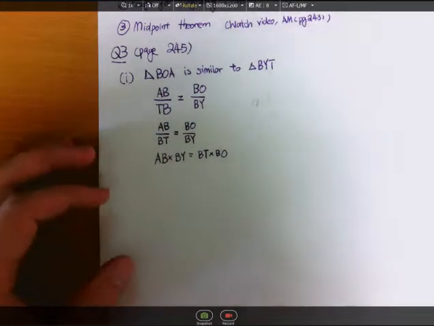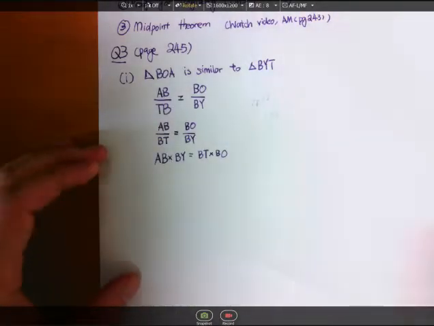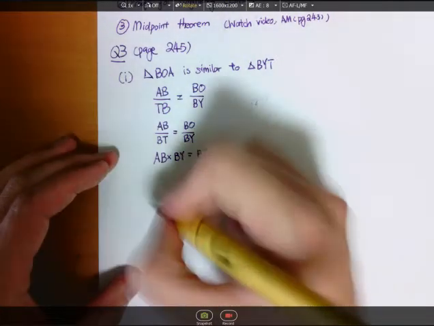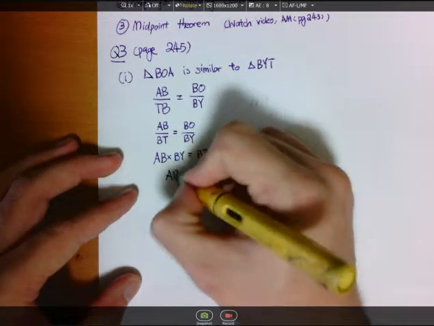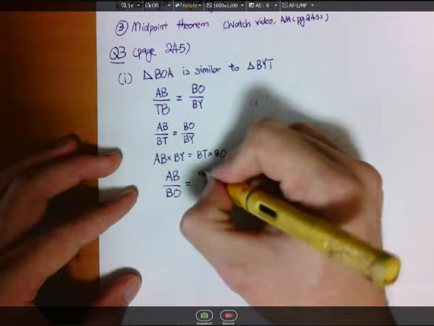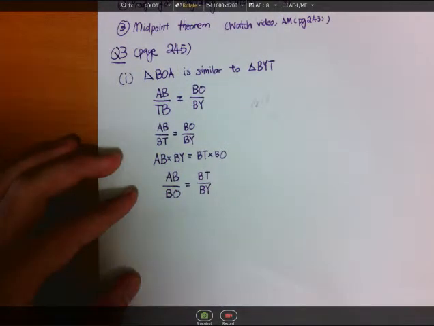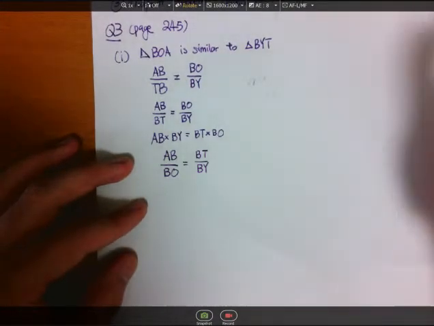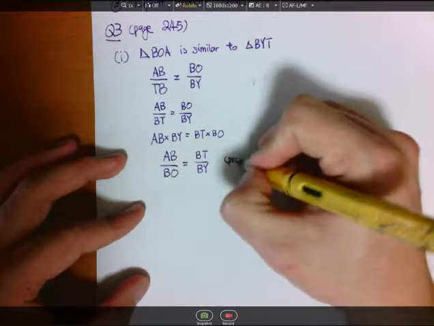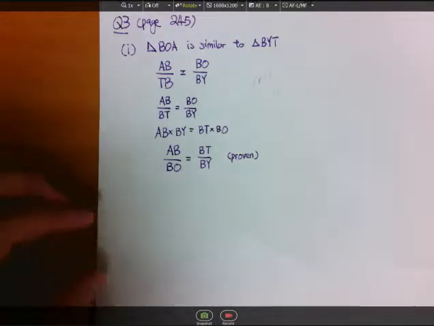And finally, if I divide both sides by BO and BY, we just rearrange, we get AB over BO is equals to BT over BY, which is what the question is actually looking for, and this is proven. Quite simply, question 3 is done.